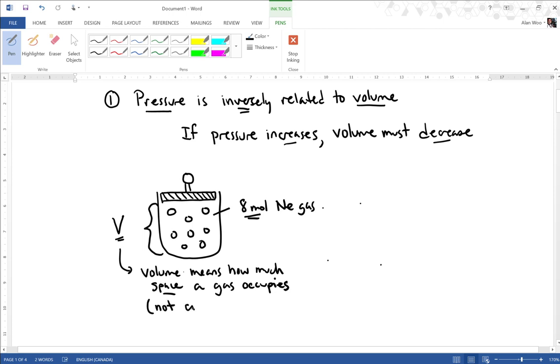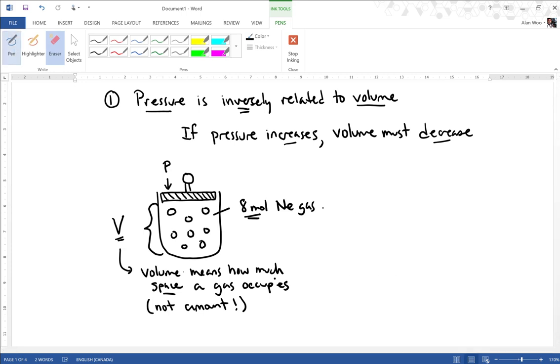Not amount. If we're talking about amount, we'll refer to the amount in terms of moles. So here, let's say that there's very little pressure being placed on top of this lid or piston.